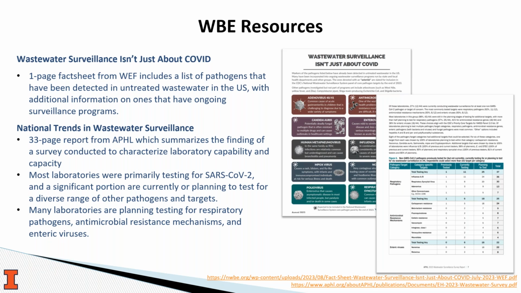It includes a list of pathogens found in untreated wastewater in the U.S., such as monkeypox, polio, norovirus, and 7 other common pathogens that have been detected in U.S. wastewater. Each pathogen is provided with common symptoms when exposed and why they are a concern. Many of these are already part of a state or local program and are being monitored.